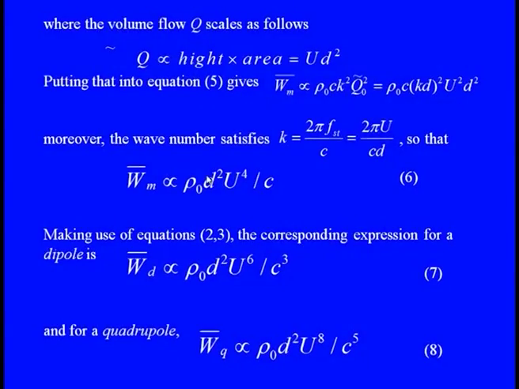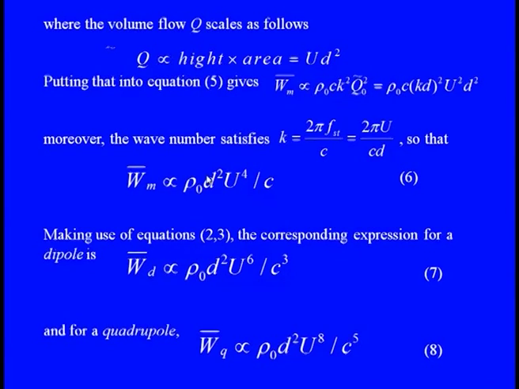formula of our monopole power, then Wm is equal to rho 0 C Kd square, as we know the Kd square comes with the wave number and the distance over which the fluid flow propagates, into U square d square.